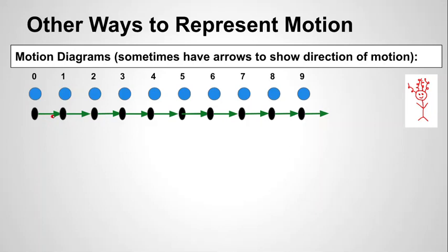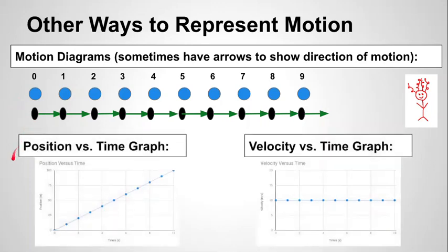And that shows the direction of the motion. So it shows she's going to the right. It shows how long the arrow is, shows how fast she's going. And you can see that each arrow is the same distance. So we'll talk about velocity vectors later, but if you see a motion diagram like this, it's equivalent to the first one.